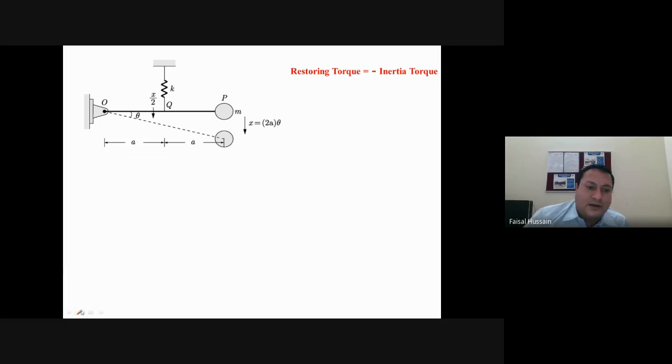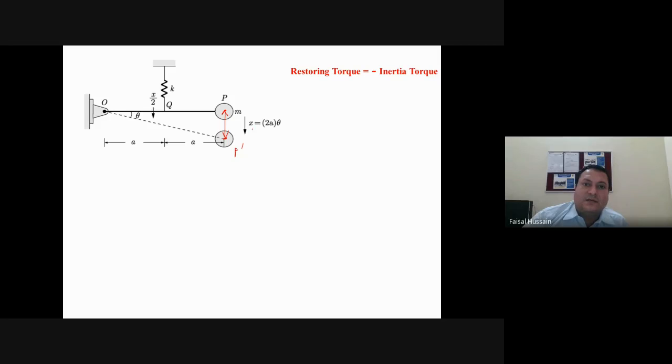For example, the total beam length is 2a. If the position is displaced from point P to P dash, this will be the deflection.